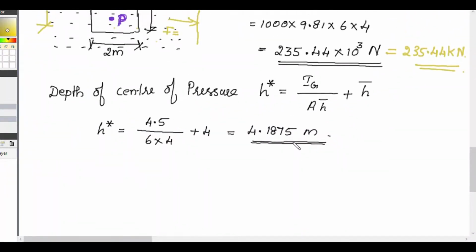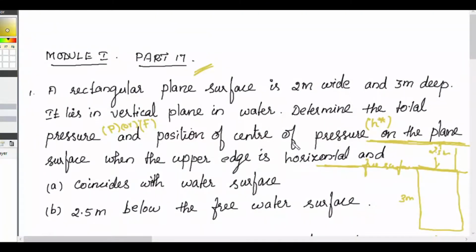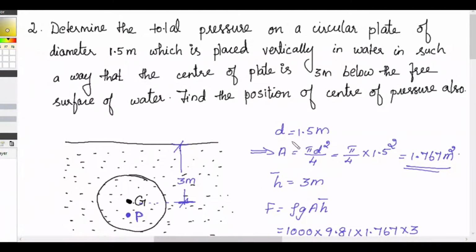Okay, we will move on to our second problem. Now, the second problem is determine the total pressure on a circular plate of diameter. See, in the previous case, it was a rectangular plate. This case, the difference is, this is a circular plate and the surface is vertical surface.